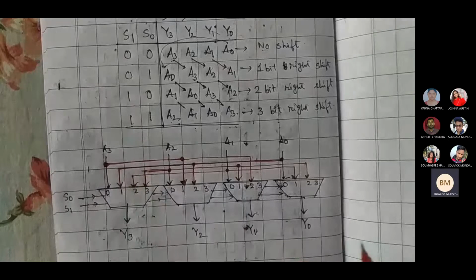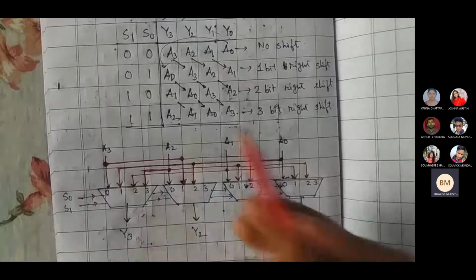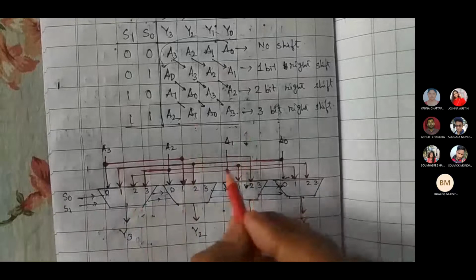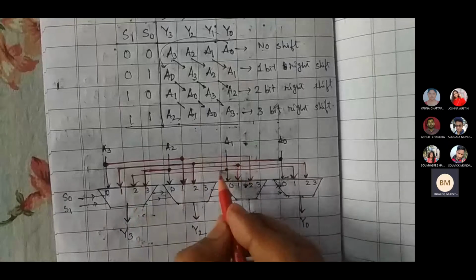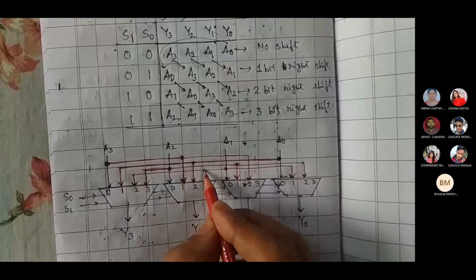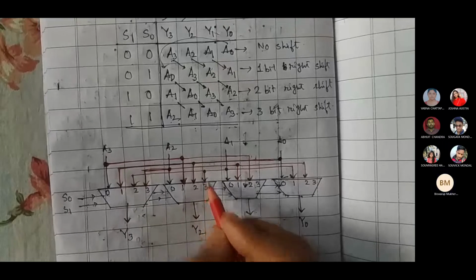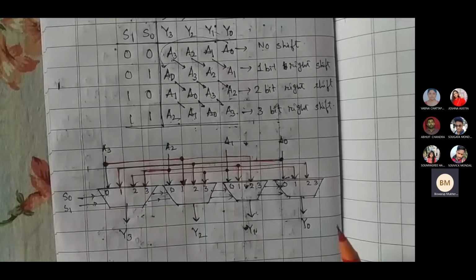তারপরেরটাতে কি আসবে? A1, so Y2 will be getting A1, A1 কোনটা? এইটা A1, right? So this is A1. তারপরটা কি আছে?